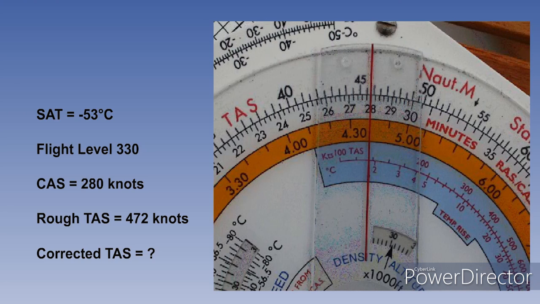What corrected TAS do you get? You should have found a compressibility corrected TAS of 458 knots. We have now completed both step 1 and step 2 and found true airspeed starting with total air temperature.